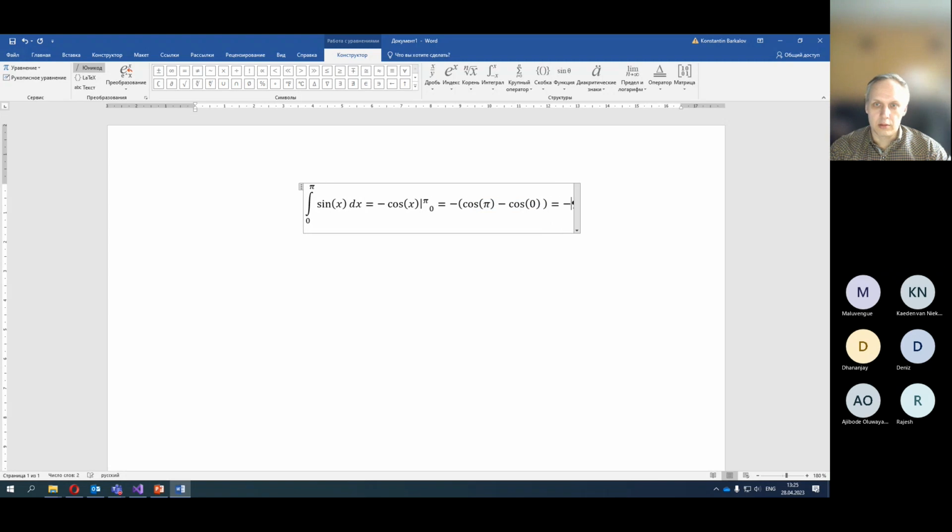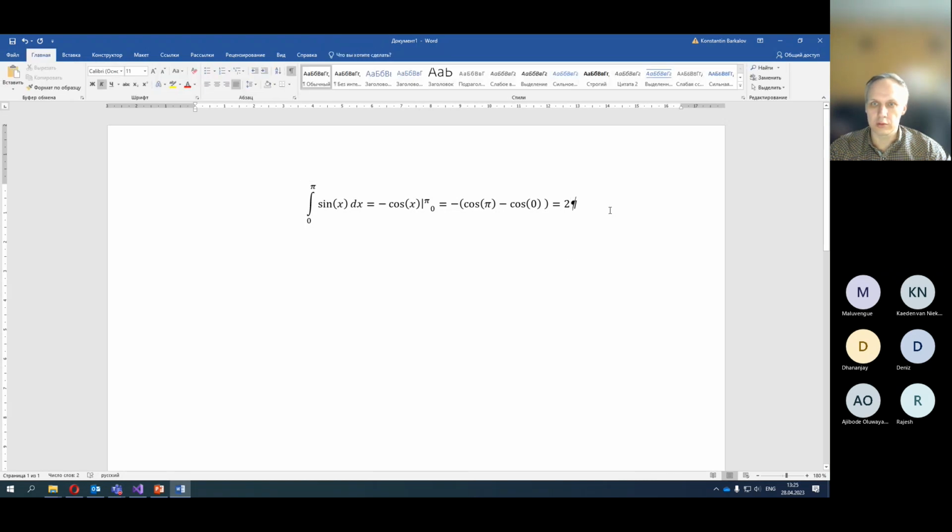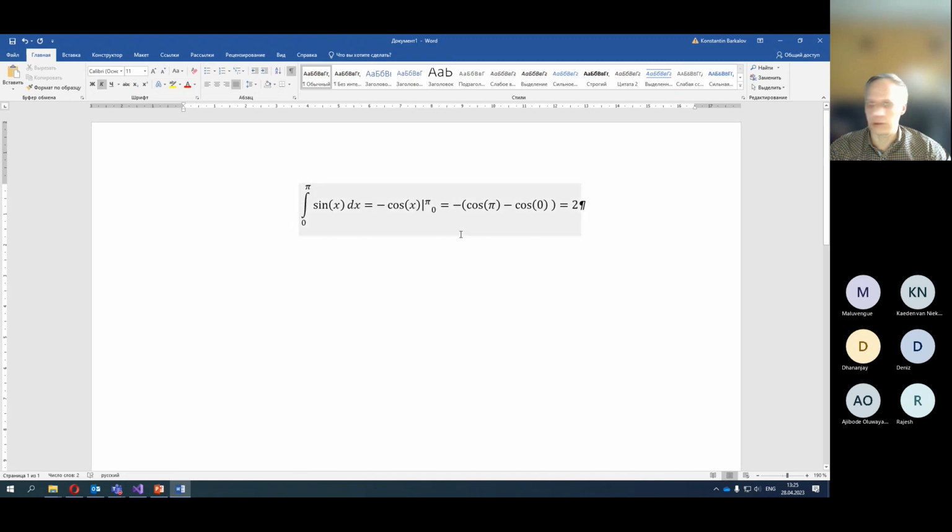Then we can substitute here the exact values. Cosine 0 is 1. Cosine pi is minus 1. Minus 1 minus 1 equals minus 2. And minus minus 2, finally we have 2. As a result, the exact value of this integral.